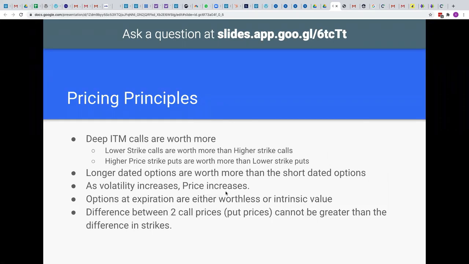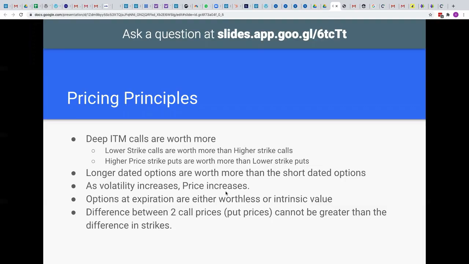So some of the pricing principles, guys. I don't know what the time is. Oh, we are already at 6:30, one hour. So let's finish this. Deep in the money calls are always worth more, guys. As I mentioned, lower strike calls are worth more than higher strike calls. On the same side with puts, higher strike puts are worth more than lower strike puts. Also, longer dated options are worth more than shorter dated options.